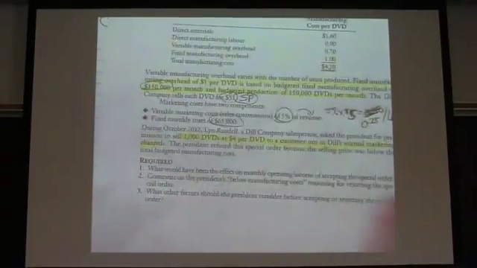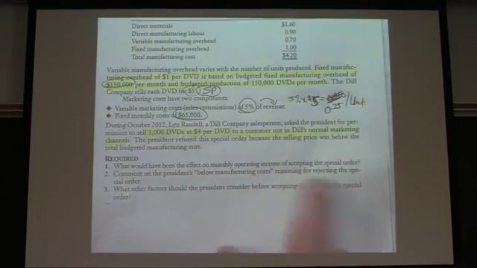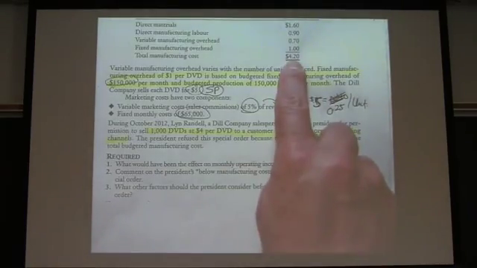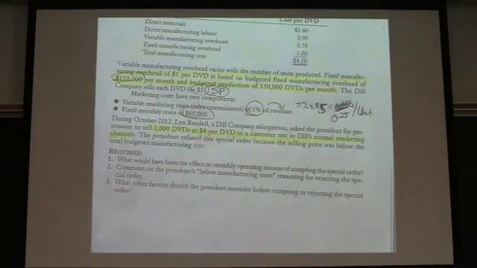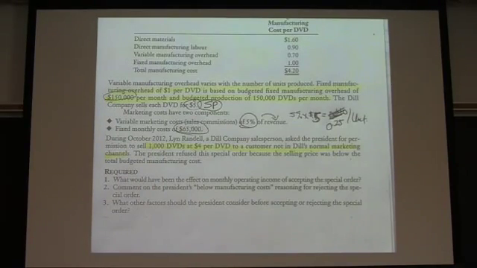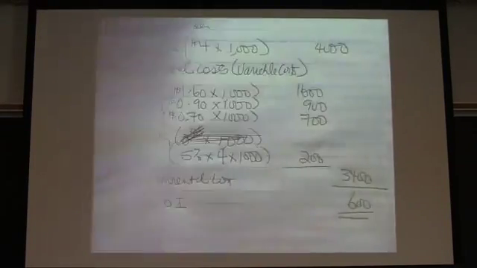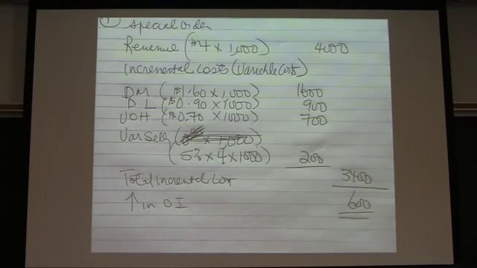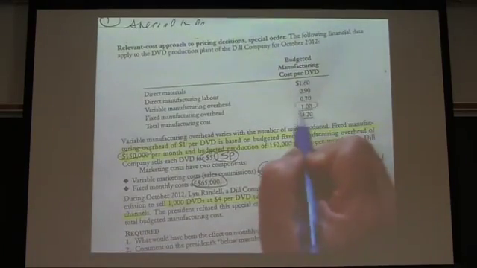Now, the next question says, comment on the president's below manufacturing cost reasoning. So he's saying it costs us $4.20 and we're going to sell for $4. And that was the reason why he rejected the special order. And the answer is, the president's reasoning is defective. It's slightly not correct based on two areas. The first one is he included in his cost the $1 fixed overhead.